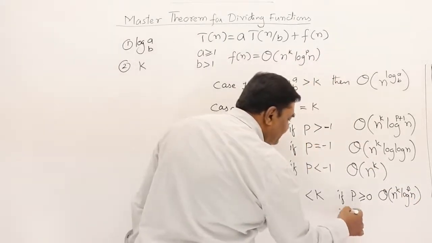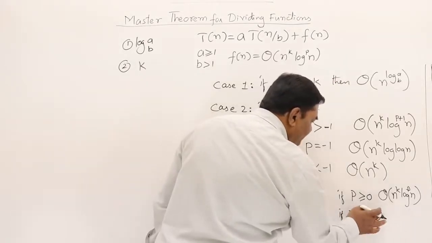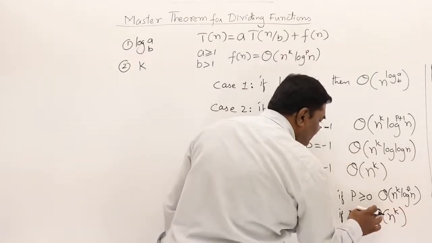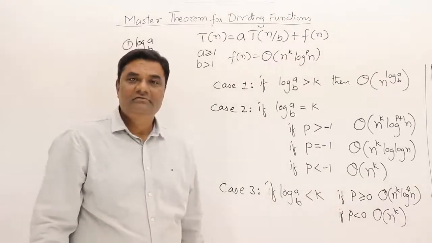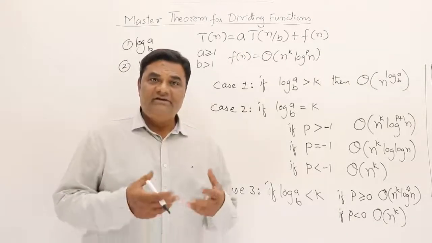And if p is less than 0, then it is big O of n power k. We will just take n power k and discard log n. That's it. Now let me take some examples and show you.